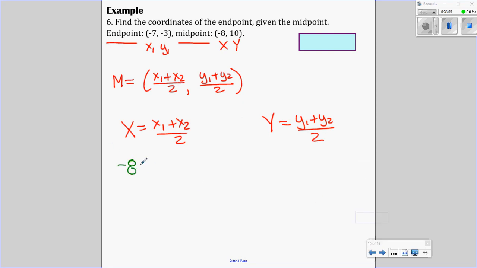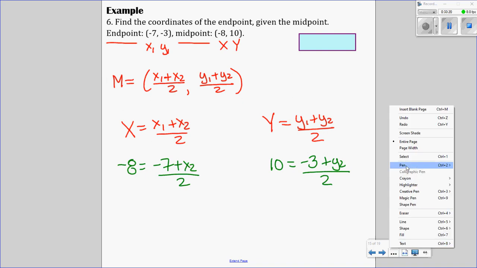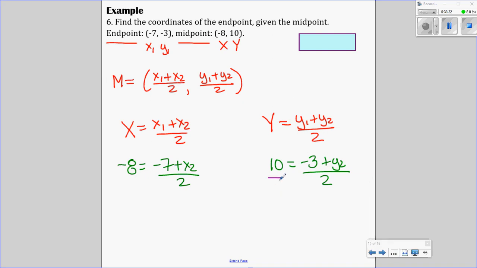We got negative 8 equals negative 7 plus x2, that's what we're looking for, over 2. And then this one is 10 equals negative 3 plus y2 is what we're also looking for. And then we solve. So this is over 1, this is over 1, same thing. 10 over 1 is the same as 10. Negative 8 over 1 is the same as negative 8.